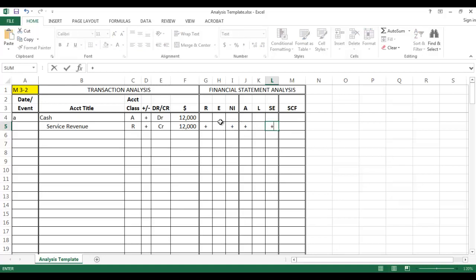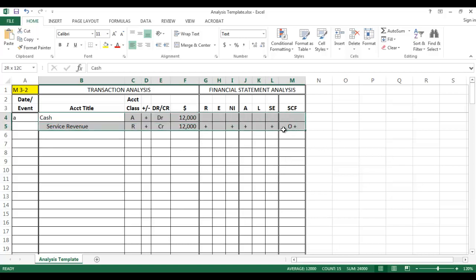As net income increases, so does stockholders' equity. From a statement of cash flows perspective, we consider these collections of day-to-day revenues or regular business operations operating activities. And this, of course, is an inflow since we've collected cash. So here we've recognized $12,000 in revenue for transaction A.